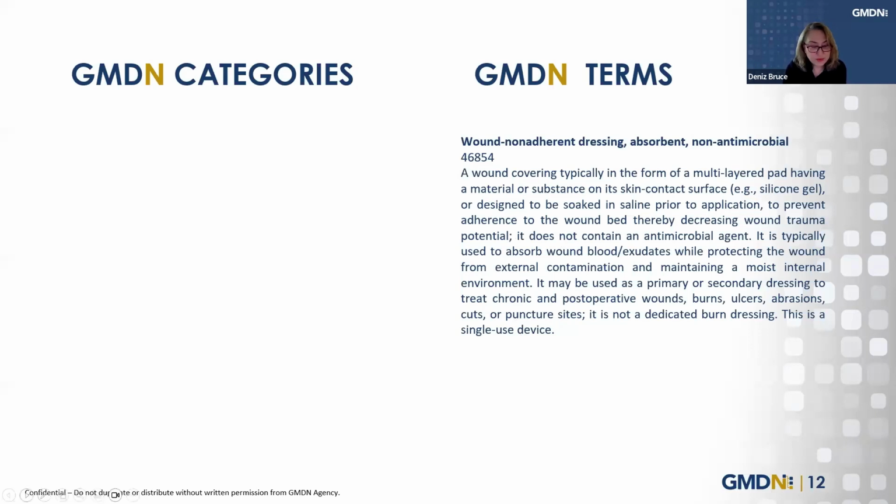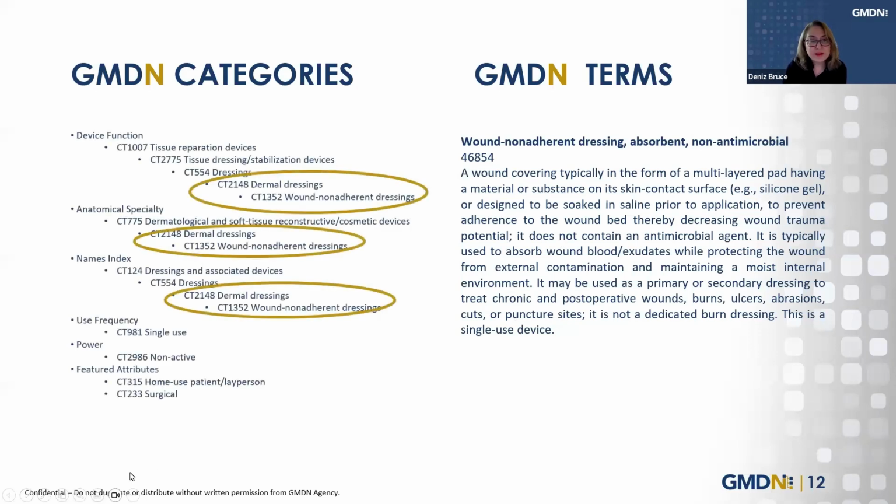So how does this relate to the categories? As you can see in a multi-hierarchy, this term belongs to the category at the lowest level, wound non-adhering dressings. And you can slice and dice the data by device function, anatomical specialty, and name index. And you can see other attributes if they are assigned to that category.